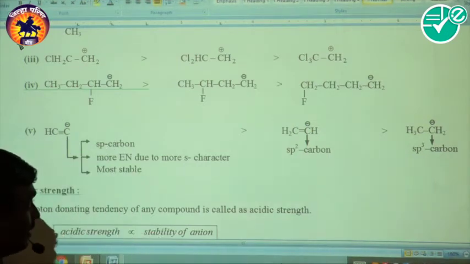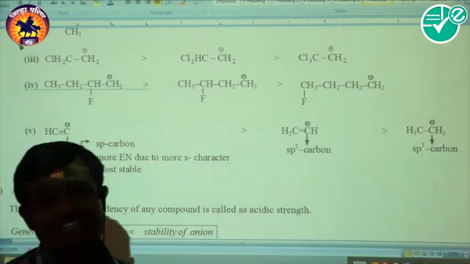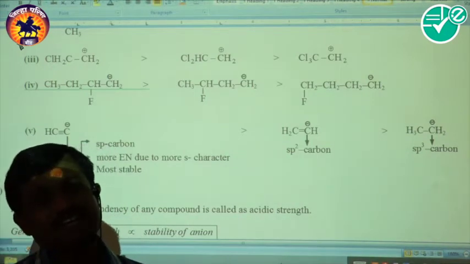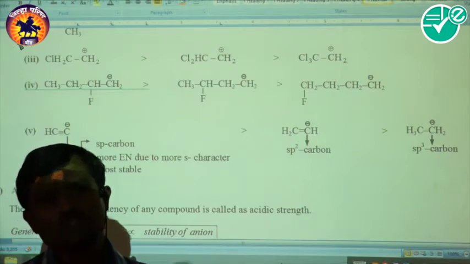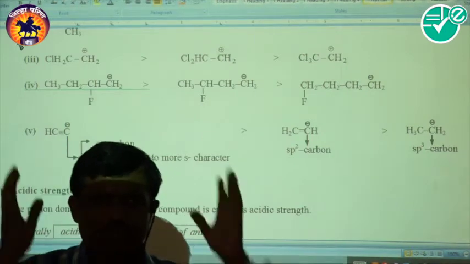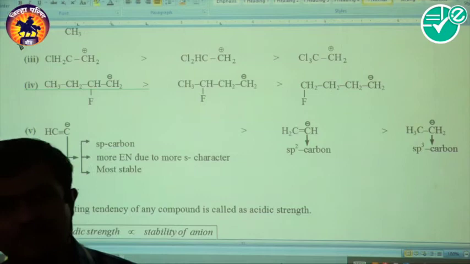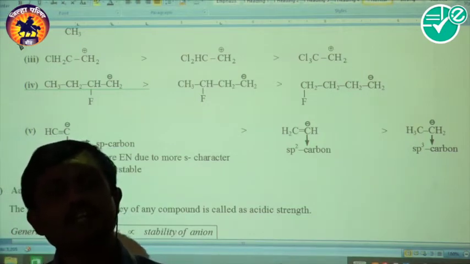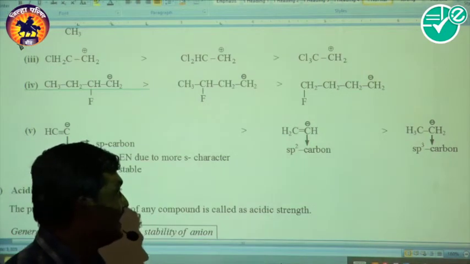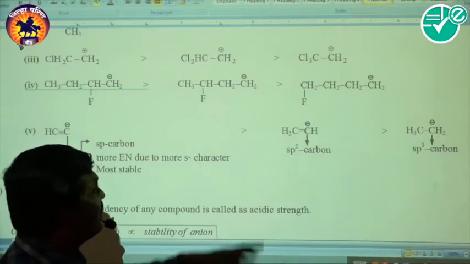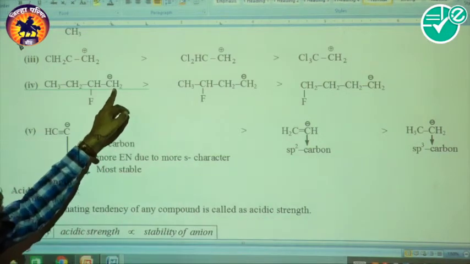And if it is a carbanion, it wants to share the electron density present on that carbon.